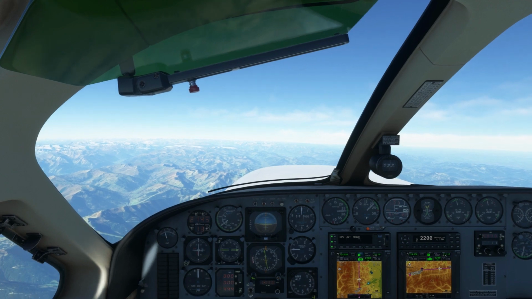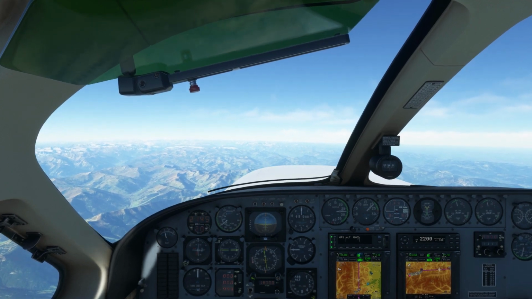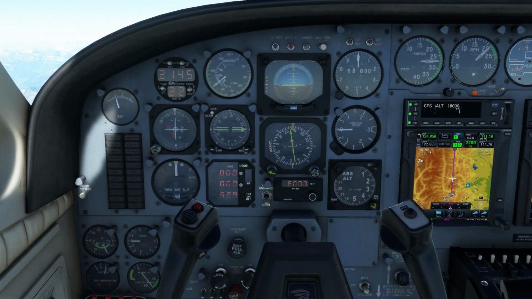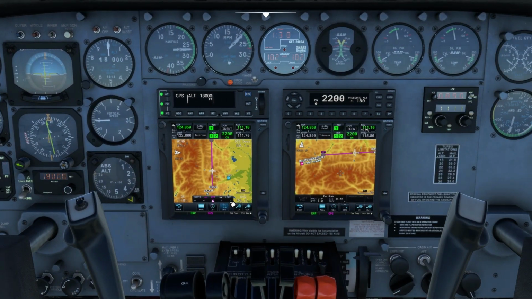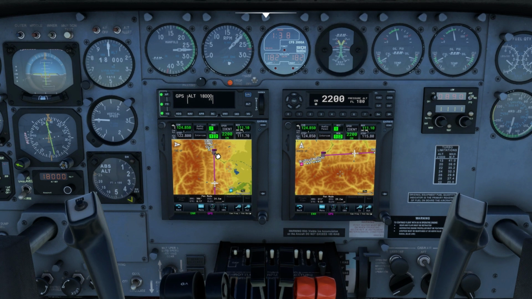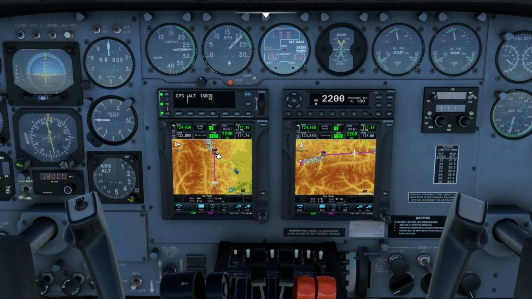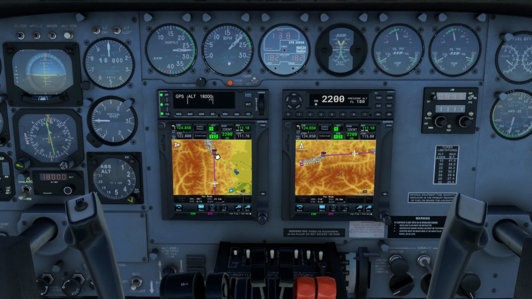Okay, so we're back. A little before the top of descent. Basically, I calculated the top of descent to be 26 miles from Rattenberg.